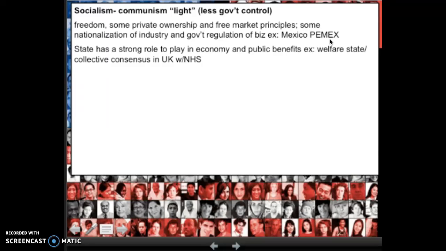With socialism, the state or the government does have a strong role in controlling the economy and making sure that public benefits are distributed to everyone. Again, that whole idea of equality and common good.